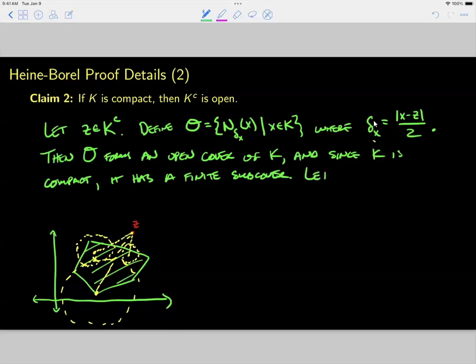And now I'm going to let delta be equal to the minimum of all of the delta x.